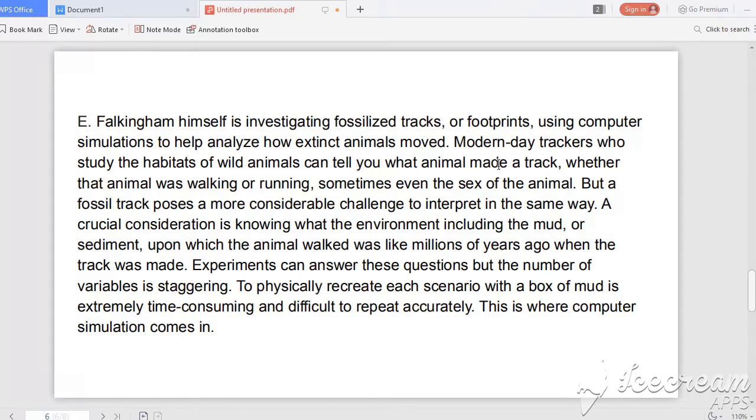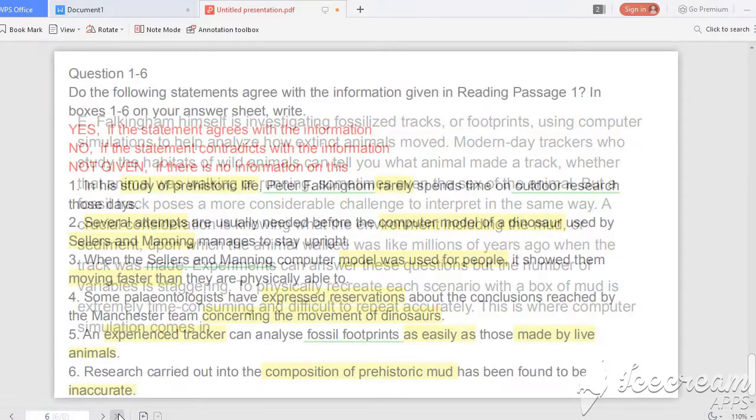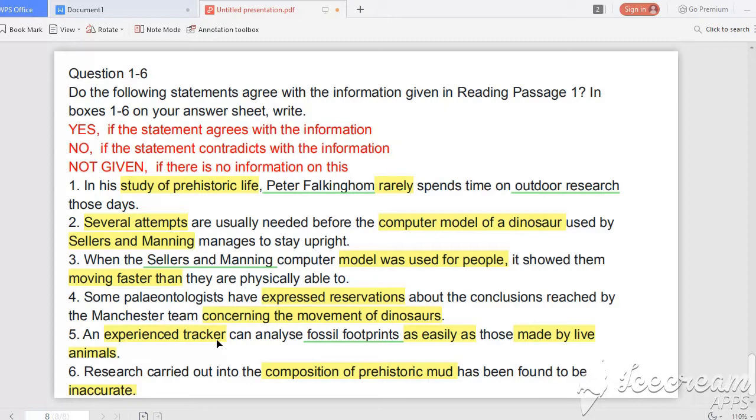Modern trackers, okay. Sometimes, but a fossil track poses a more considerable challenge to interpret in the same way. Okay, now let's read the question again. The question is, an experienced tracker can analyze fossil footprints. Fossils means the animals which are extinct, and we try to look for their footprints, and we compare them as easily as those made by live animals.